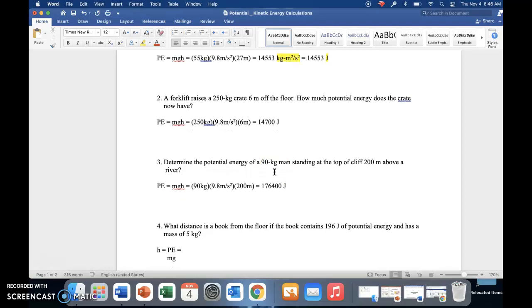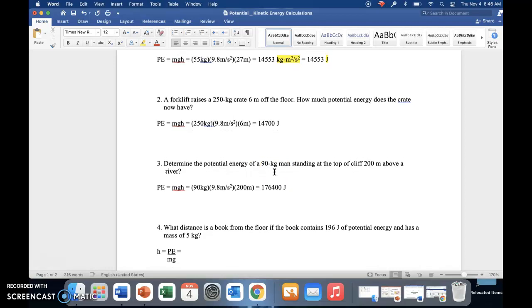Okay, now when you get down to number 4, you are going to see a change. In this case, it asks what distance the book is lifted off the floor. Well, distance off the floor is height, so in this case, we are finding h. If you do some simple algebra with the equation, we can find that the height, or the distance from the floor, is going to be equal to the potential energy divided by the mass times the acceleration due to gravity.